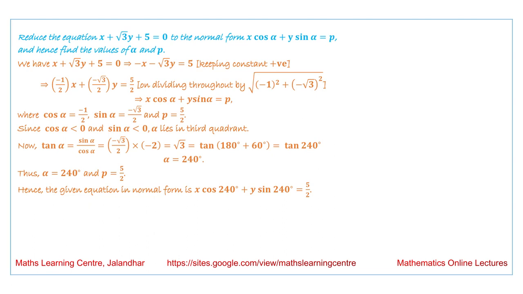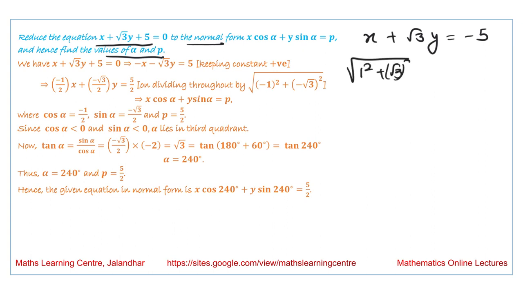Next is we have to reduce this equation in the normal form and we have to find the values of alpha and p. So again we are writing it as x plus root 3y is equal to minus 5. So if we calculate the value of square root of 1 square plus root 3 square, the answer we have is equal to 2.